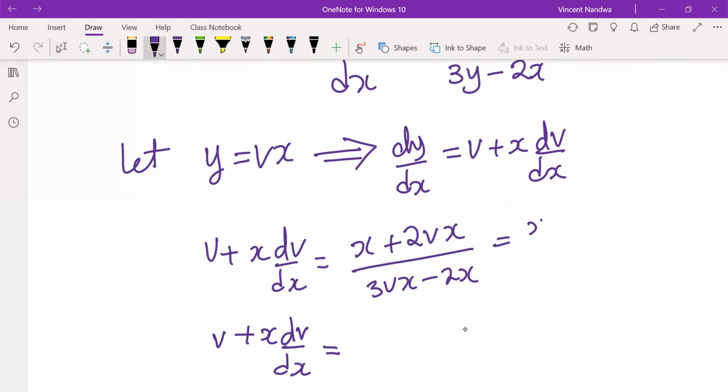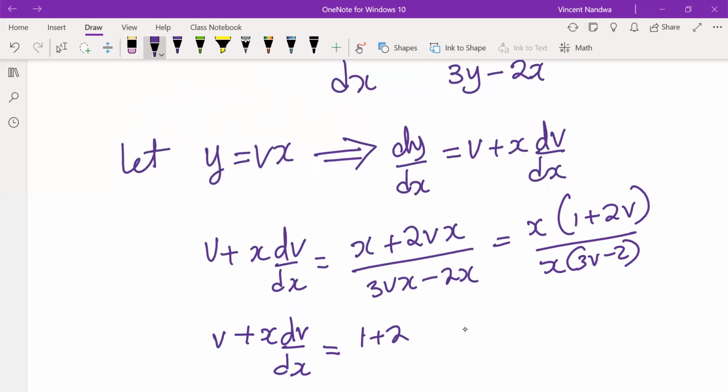Now you see x is common, so (1 + 2v)/(3v - 2). So v + x dv/dx gives us (1 + 2v)/(3v - 2).